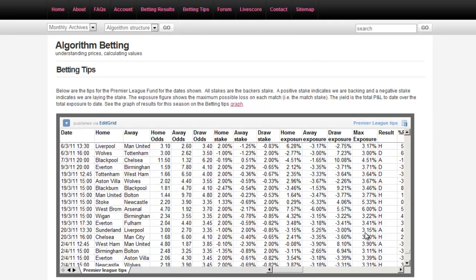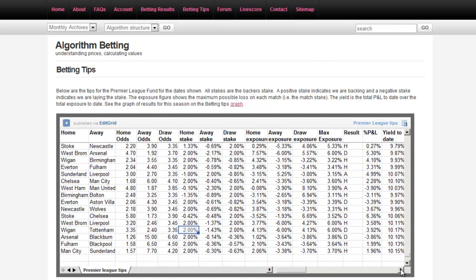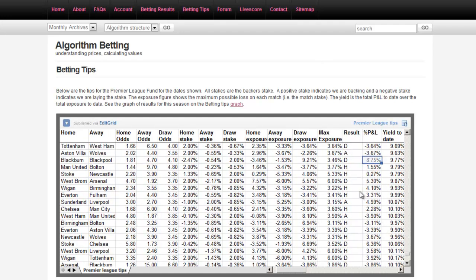So let's have a look at a win up here. 8.75. Blackburn and Blackpool. Now, the result was a draw. We had a draw exposure here of 9.21%, so it's positive. So that means we'd be winning if it was a draw. We'd be winning £9.21 for every £100.